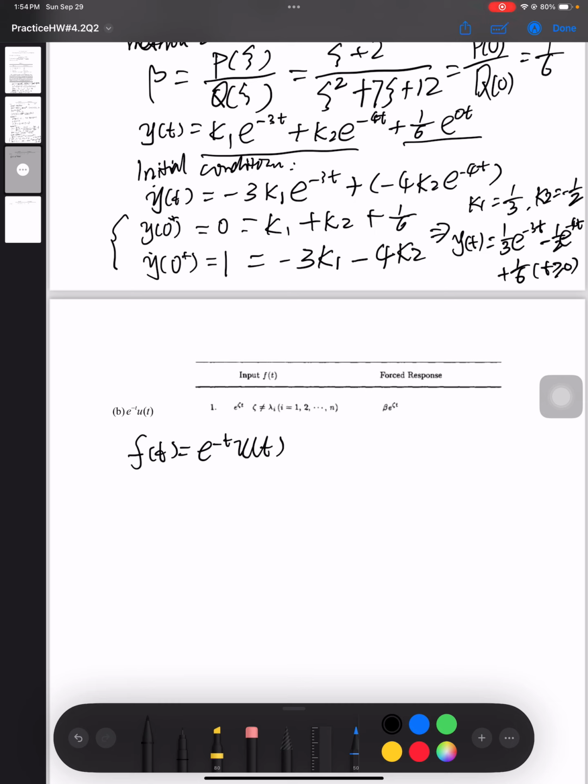the sigma here equals minus 1, which is also not equal to lambda 1 or lambda 2.